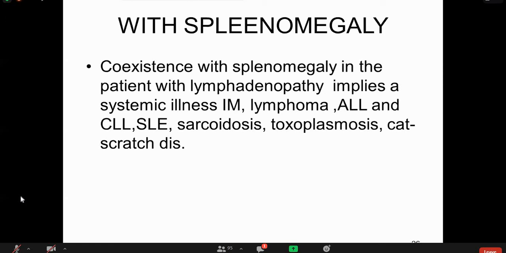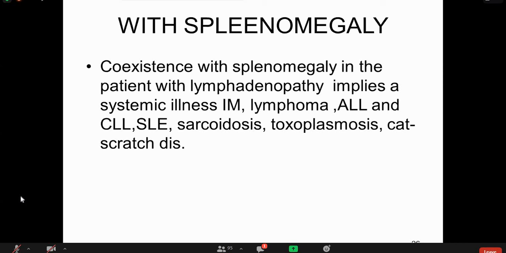Please note that the spleen is also a component of the immune system, and it also has the function of phagocytosis. So it can become enlarged in case of any immune stress resulting from any infection in the body.